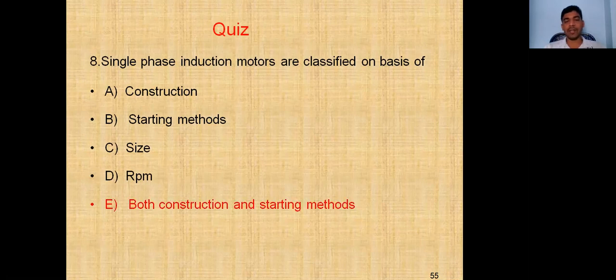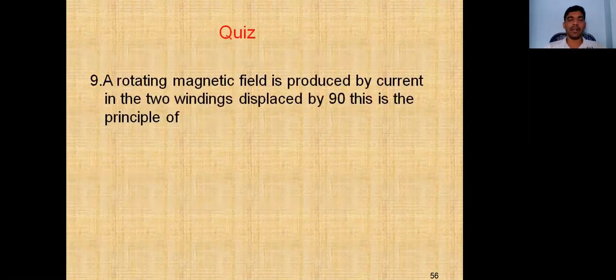We have discussed the starting methods, and by construction, shaded pole motors are there. So they are classified by construction and starting methods.